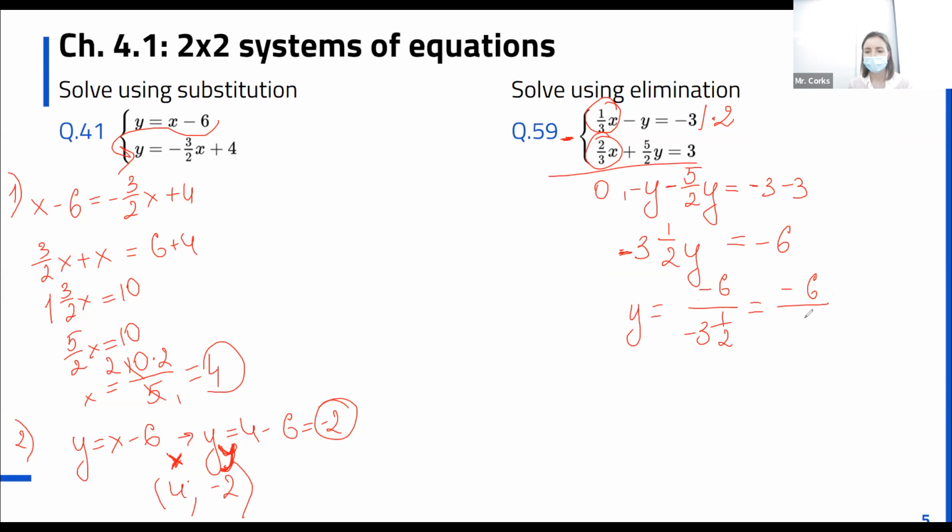It seems to me that I'm doing something wrong. Yes, here I forgot that we multiplied by 2, so we have minus 6 minus 3. So we have not 6 but 9.